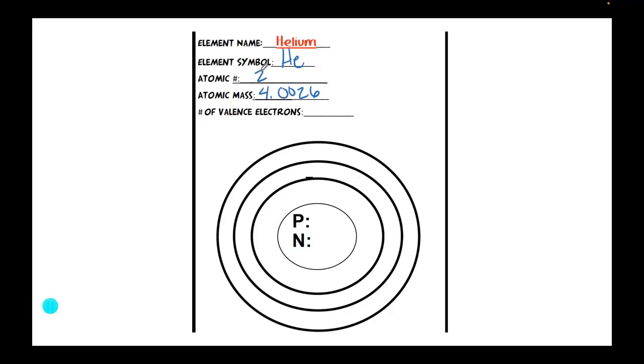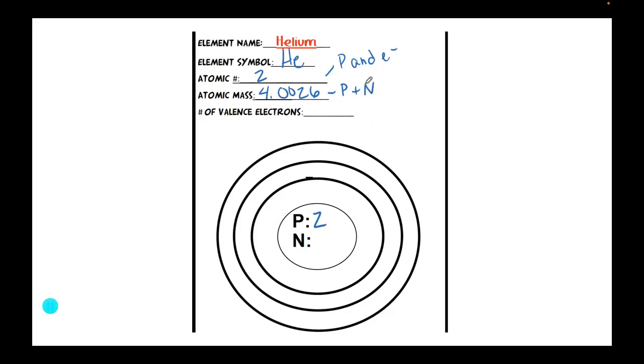So I have an atomic number of 2. Remember, that tells us how many protons, and it tells us how many electrons we have. So it's going to have 2 protons. And then remember, our atomic mass is our protons plus our neutrons.